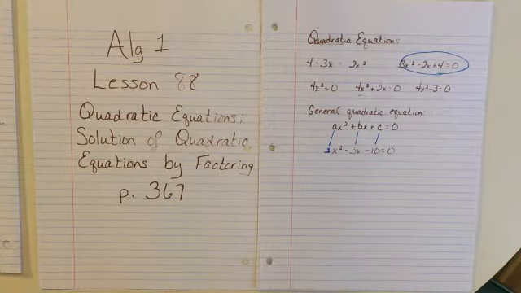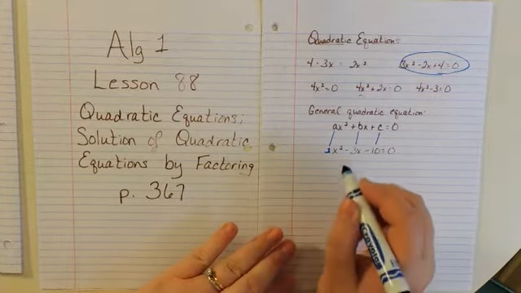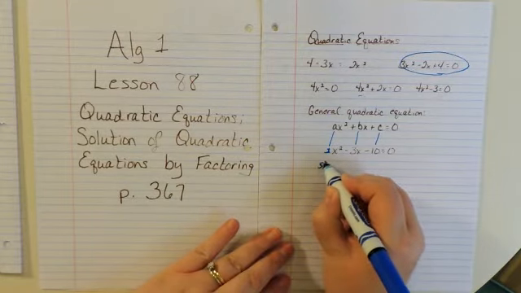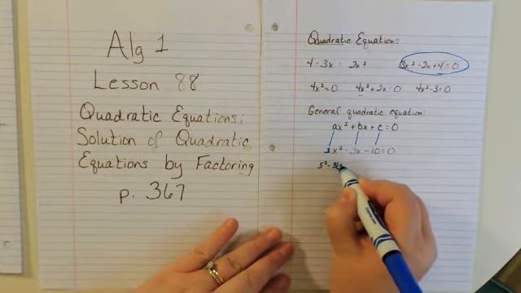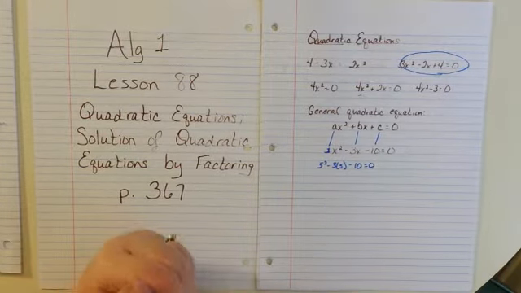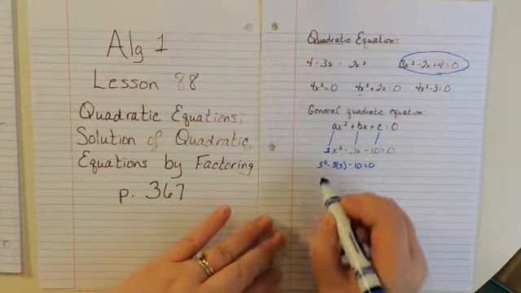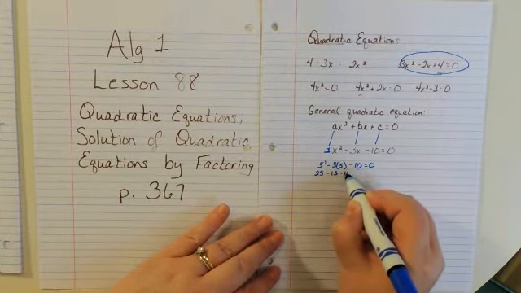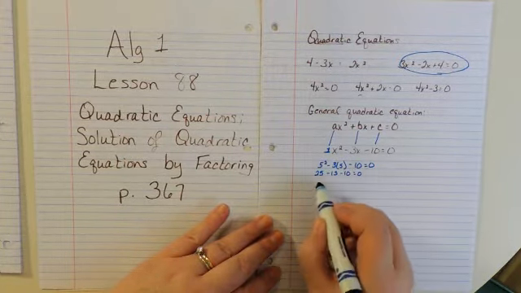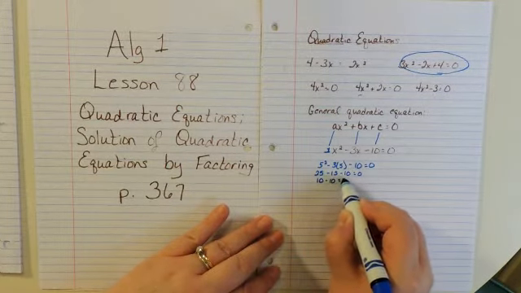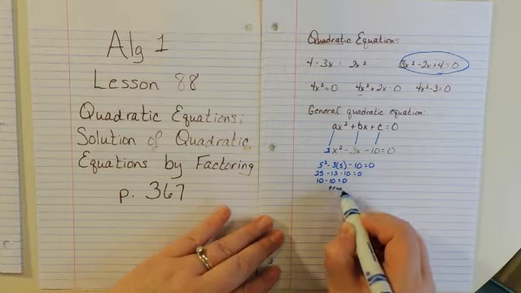So if x equaled 5, then we could rewrite this as 5 squared minus 3 times 5 minus 10 equals 0. And we can work this out and see if this is a true statement. We would have 25 minus 15 minus 10 equals 0. And this is 10 minus 10 equals 0, which is true.